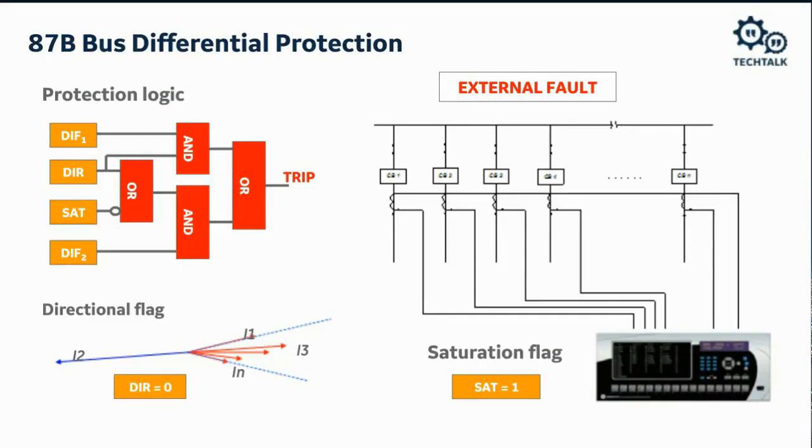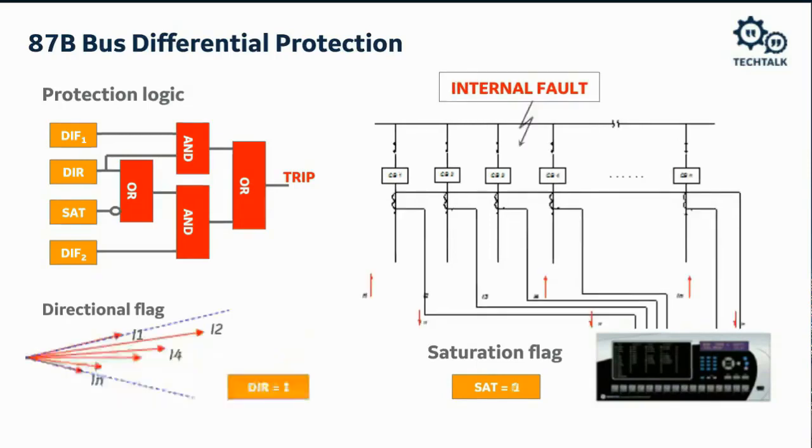If I do set the CT saturation flag, saying I have detected CT saturation, then additionally, I'm going to look at the directional. If I don't have CT saturation, I don't need to look at the directional flag.